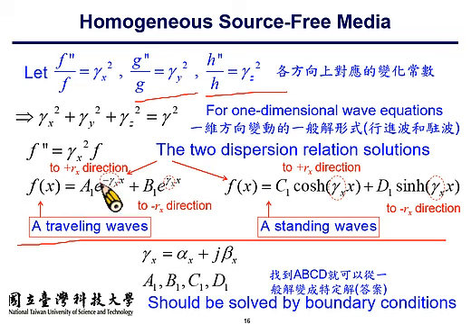For traveling wave, you have two terms: A exponential minus gamma x plus B exponential gamma x. Okay, so gamma x is the projection of the propagation constant gamma in the x direction. And you can see there are functions of x in the exponential form. And minus gamma x, so the first term, exponential minus gamma x, stands for the wave component that is going to the positive x direction.